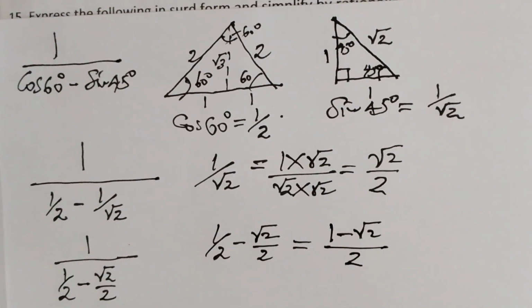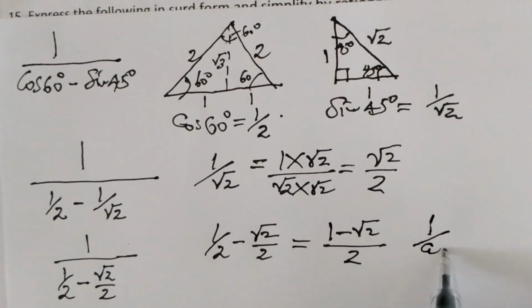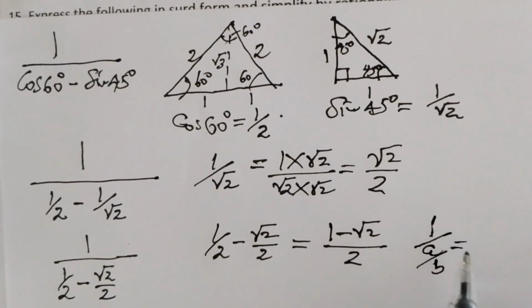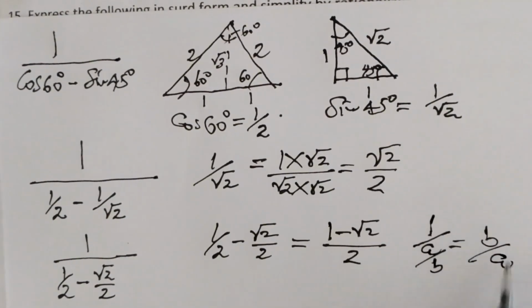1 minus root 2 over 2, everything on the denominator under 2. And when we have 1 over a over b, in mathematics this is the same as the reciprocal of a over b, which is b over a.